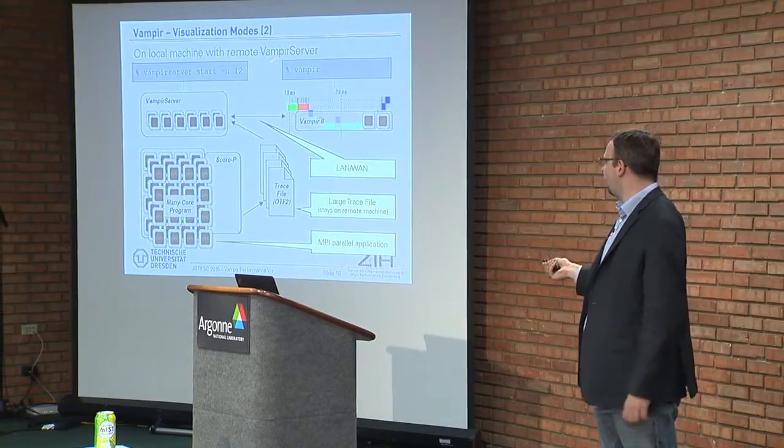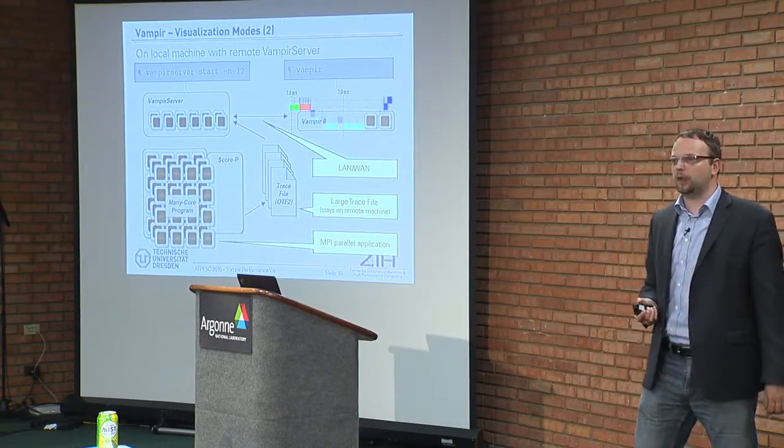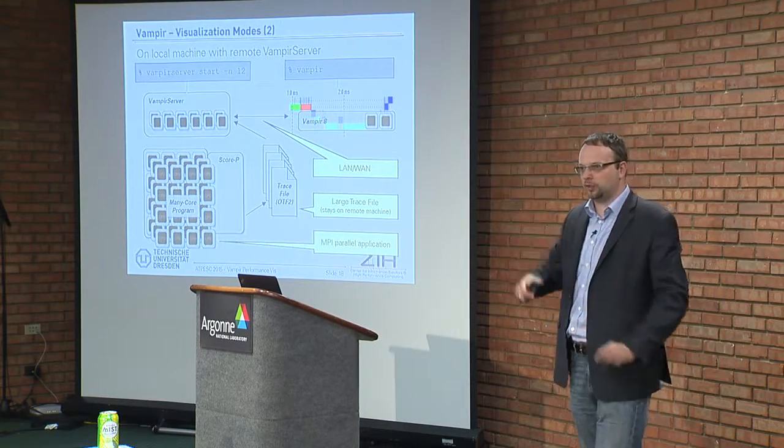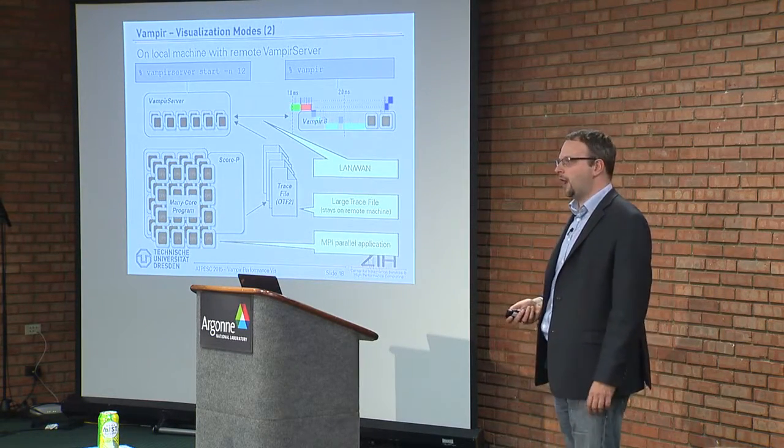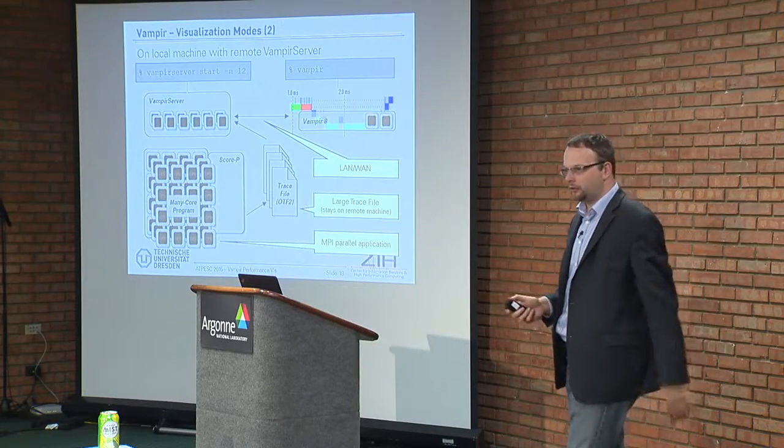The only thing transported across this wire is the display information, what the GUI is supposed to display. So all the data mining happens on the parallel machine, which has the benefit that even with a 1.5 terabyte trace file, you can navigate interactively. By navigating, I mean you get a response from the data mining within about 3 to 5 seconds. So even very large trace files, you can still walk through interactively.